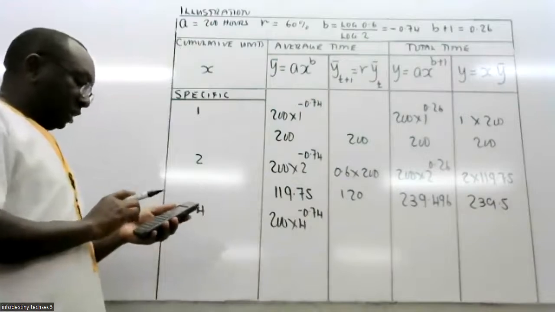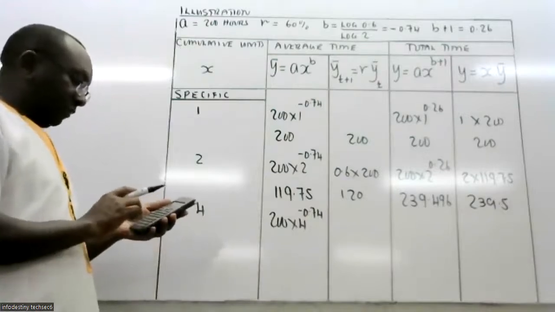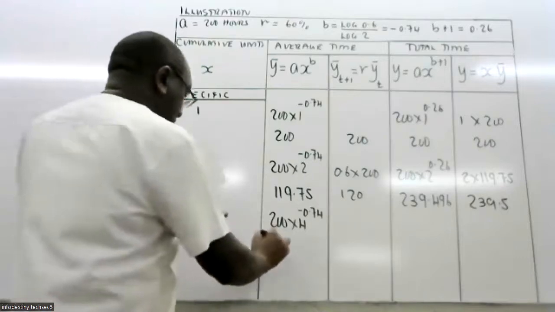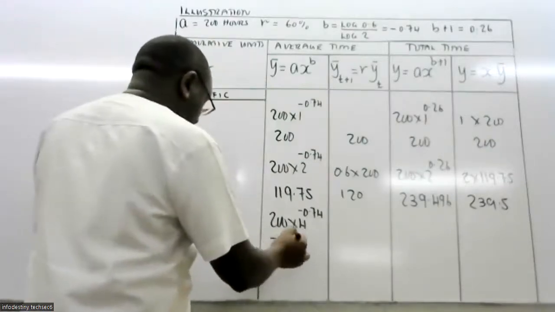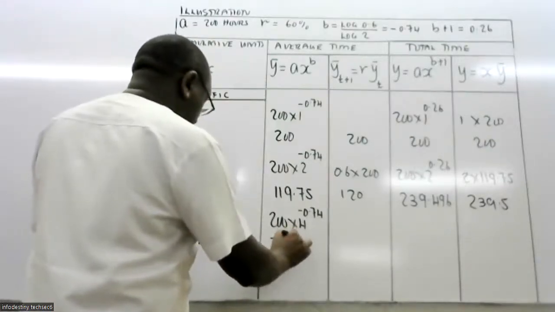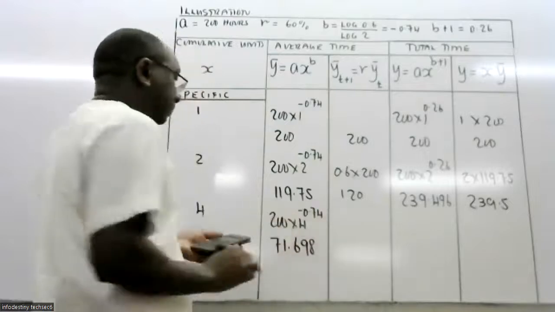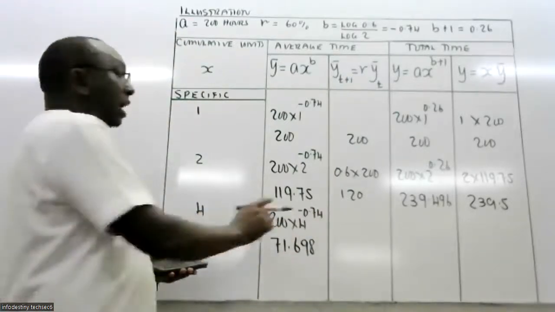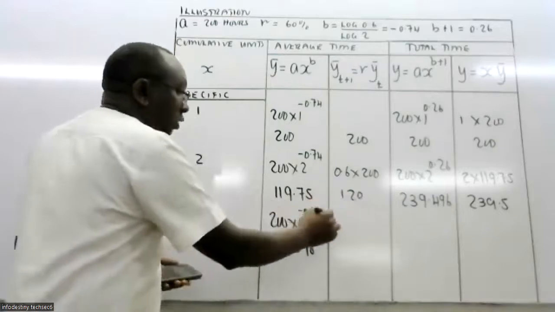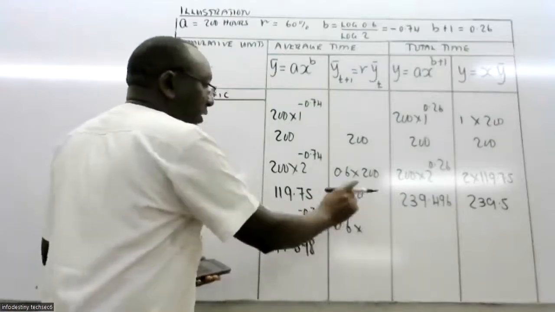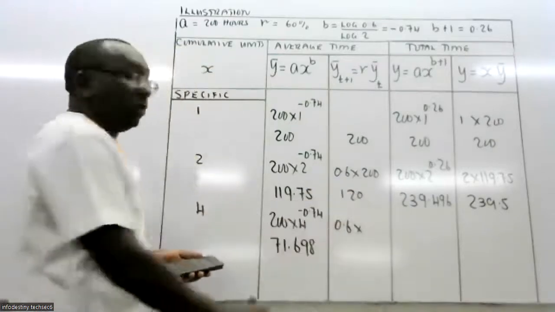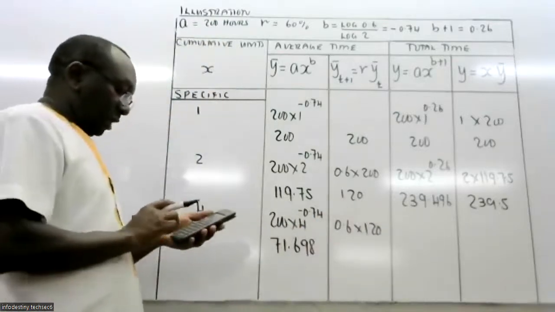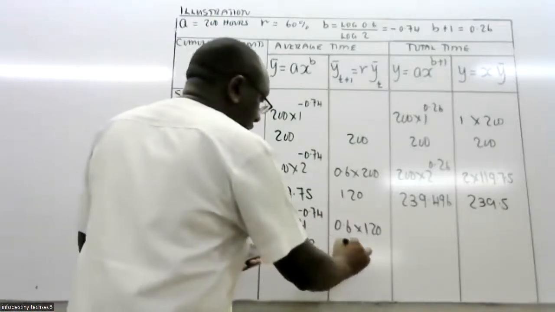So 4 raised to power negative 0.74 times 200 is 71.698. Because here, it is now 0.6, r, multiplied by this one, 120. So 0.6 times 120 is 72.